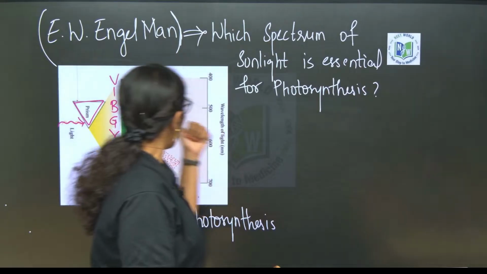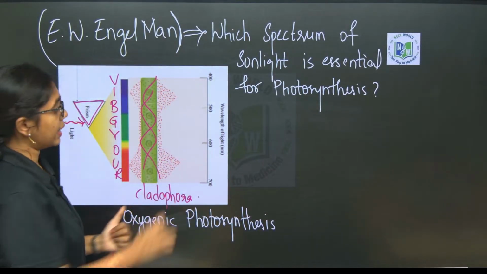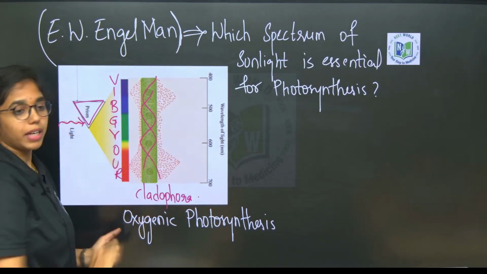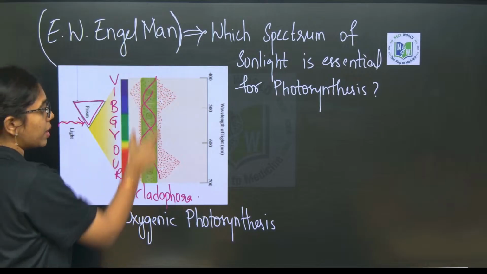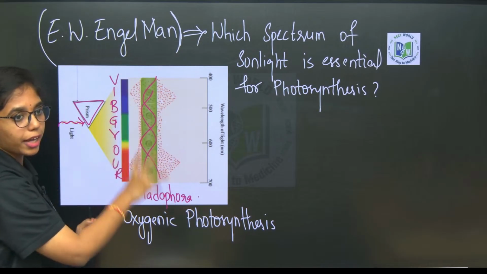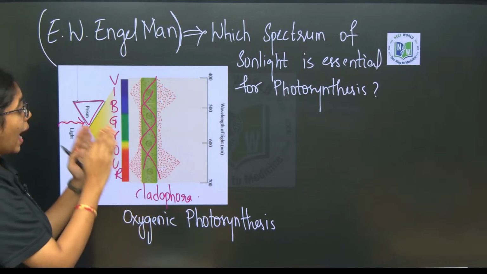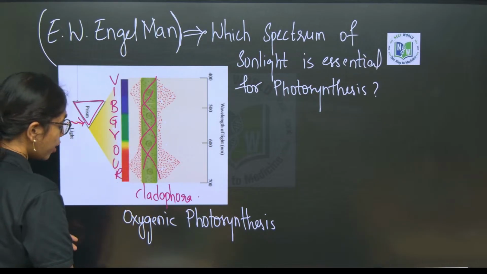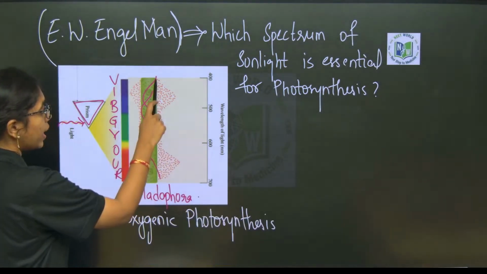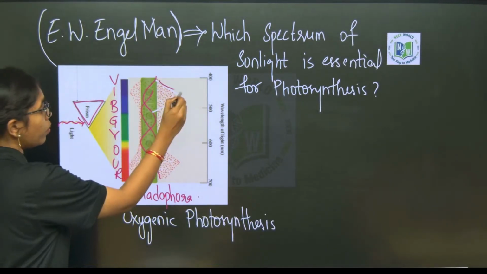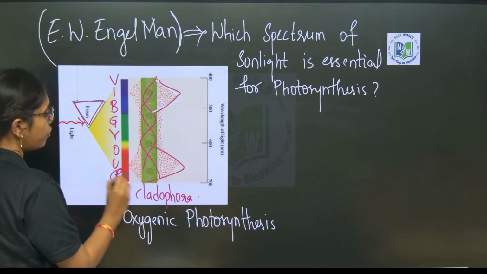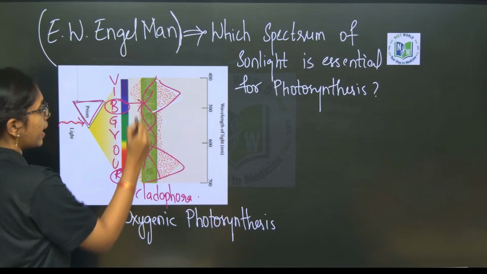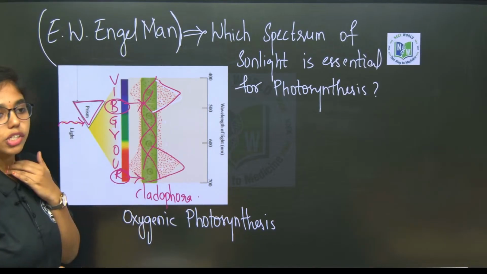So above this filamentous green alga, aerobic bacteria are placed. After a certain period of time, he observed that the aerobic bacteria accumulated in the blue and red regions of light.